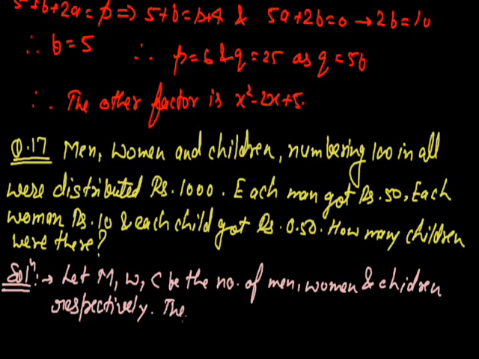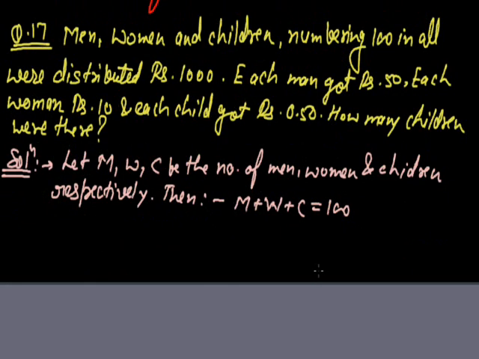Then according to the given question we have M plus W plus C is equal to 100 and 50M plus 10W plus C upon 2 is equal to 1000.